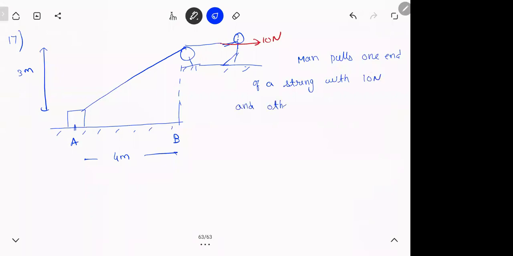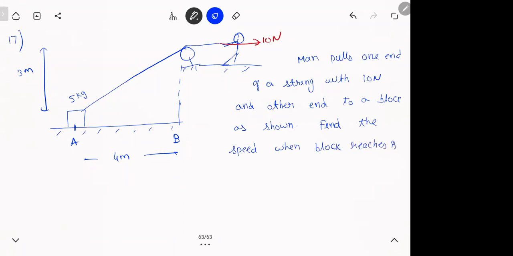So what will happen? The block will start sliding. The block's mass is 5 kg. The question is find the speed when the block reaches B. Initially it is at rest.